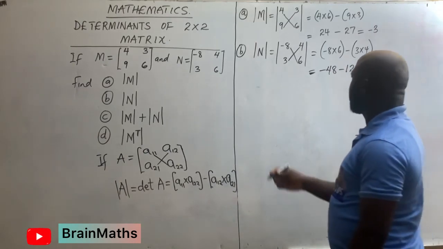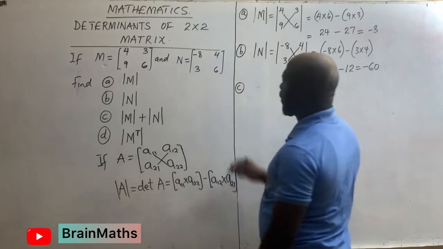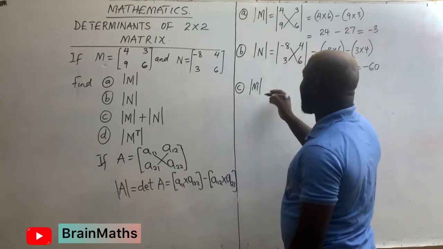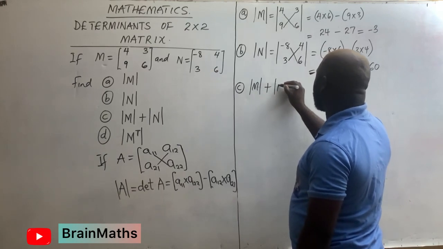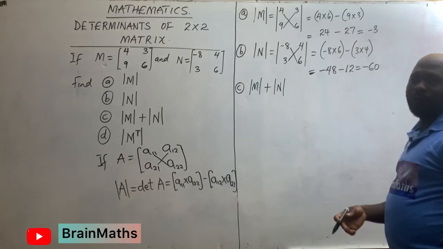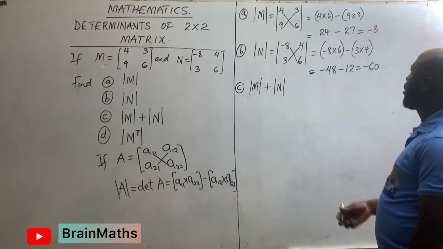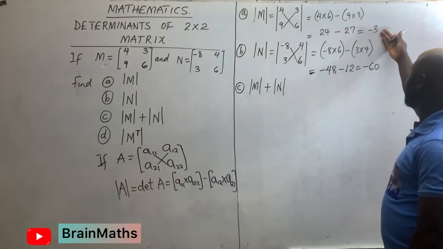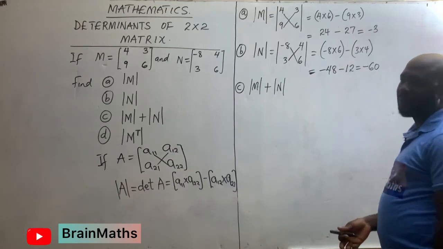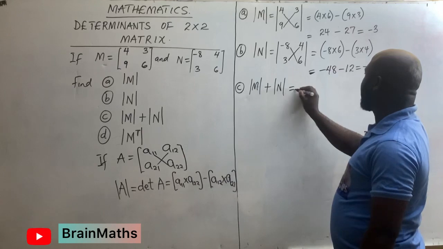So the third question says we should find the determinant of M and then add the answer to the determinant of N. If we go back to what we have done in questions A and B, we've already found the determinant of M and that of N. So let's add them together.